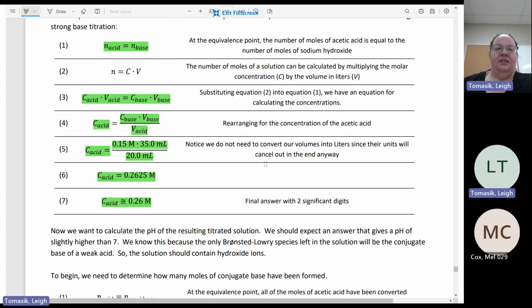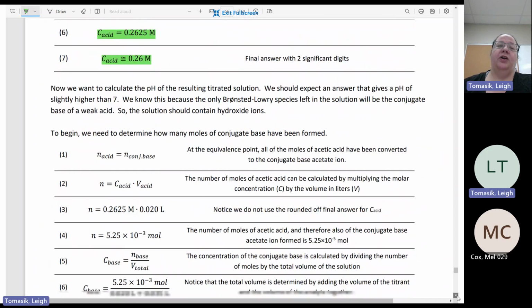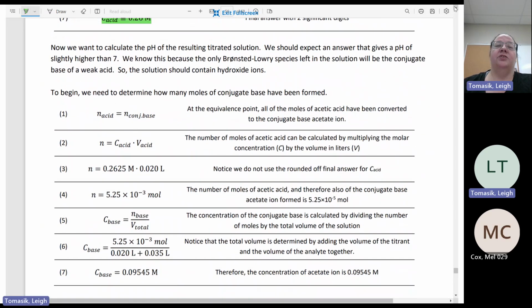Now, that part is exactly the same as we've done before. If we want to calculate the pH of the resulting titrated solution, that's where things get a little bit different. For strong acids and strong bases, we know automatically the equivalence point is going to be at 7 because they completely neutralize each other.